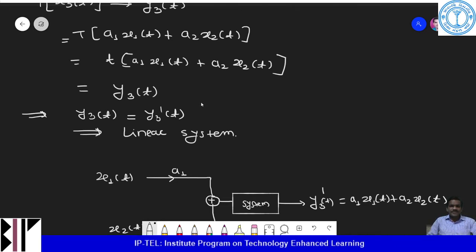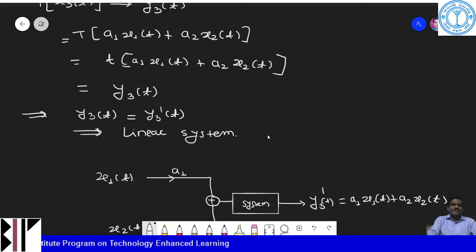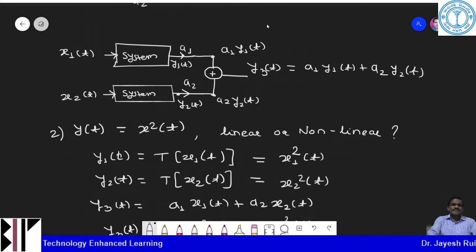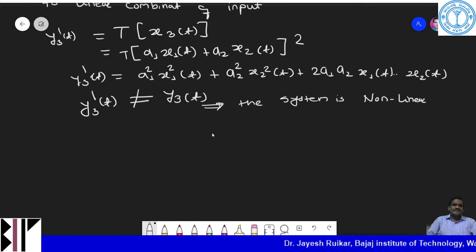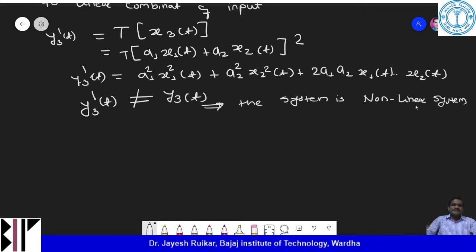When this is true, then we will call it a linear system. If it is not true, as in the second case we have seen, then we call it a non-linear system.